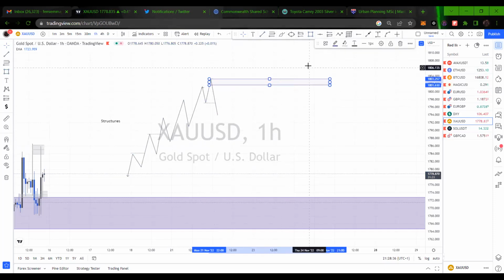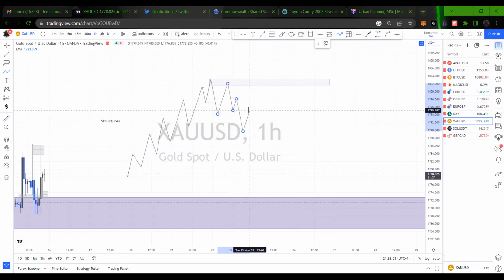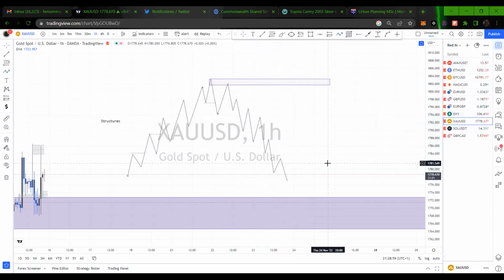It could be an order block, imbalance, FVG, whatever it is, and then it comes back into that area to pick the orders that are there and drop and start creating fresh lows. So we now have fresh lows, lower highs, lower lows, lower highs, lower lows, lower highs, like that. Although it's not this smooth, we all know it's not this smooth, obviously, but this is the basic concept of what it is.